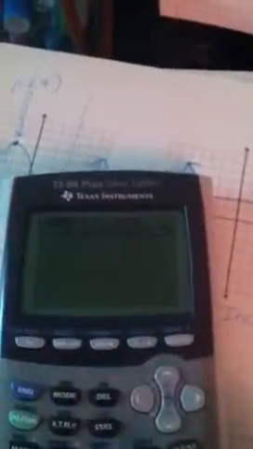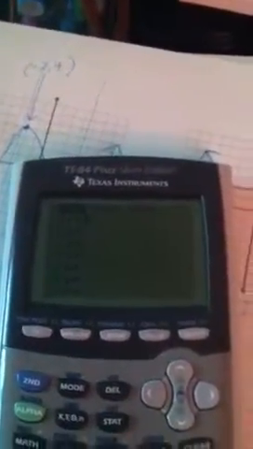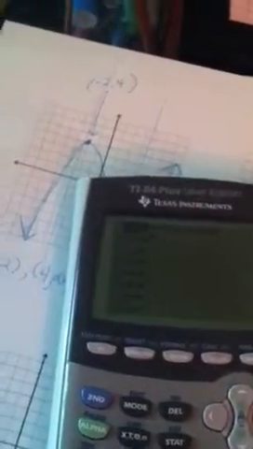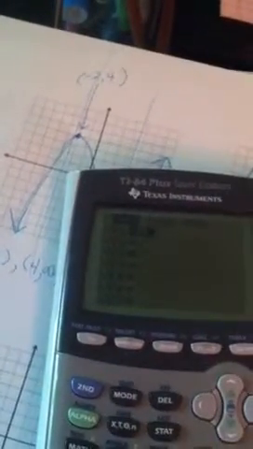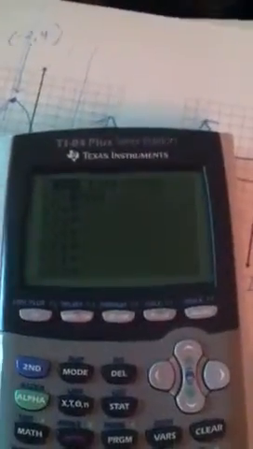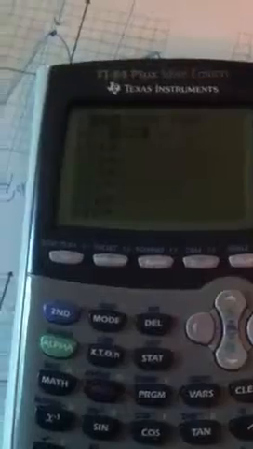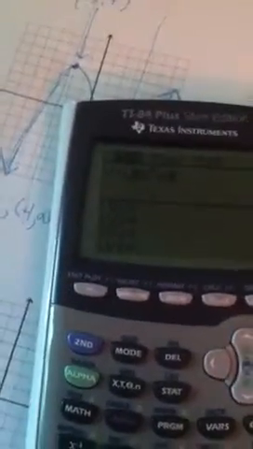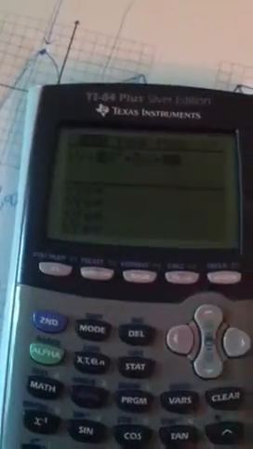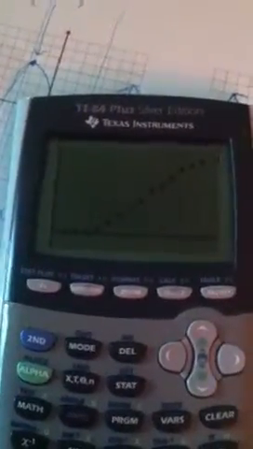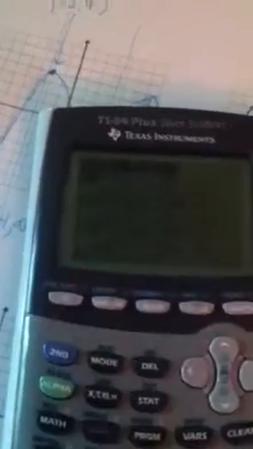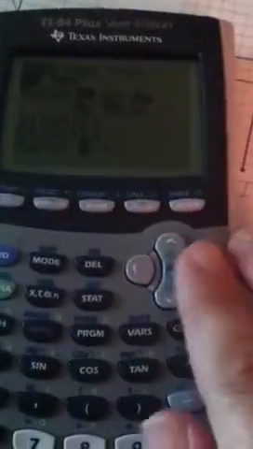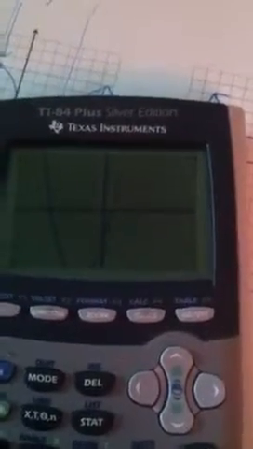And we would go to y equals, and let's just say that the equation was x squared plus 5x minus 6, and hit graph. My stat plot is on and needs to be turned off, and zoom standard, and here's my graph.